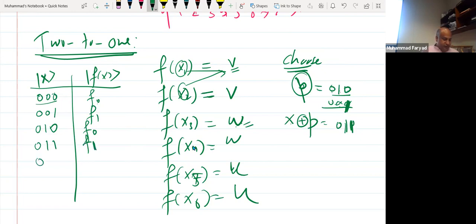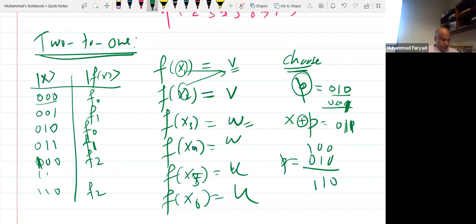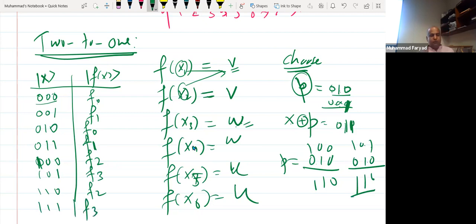Similarly, for 1, 0, 0, let's say the value of the function is some f2, but if I XOR 1, 0, 0 with 0, 1, 0, so this secret bit string p is fixed, I get 1, 1, 0. So for 1, 1, 0, I get the same output f2. For 1, 0, 1, let's say the value of the function is some f3. If I XOR 1, 0, 1 with 0, 1, 0, I get 1, 1, 1. So for the 1, 1, 1 input, I have the same value of the function as f3.